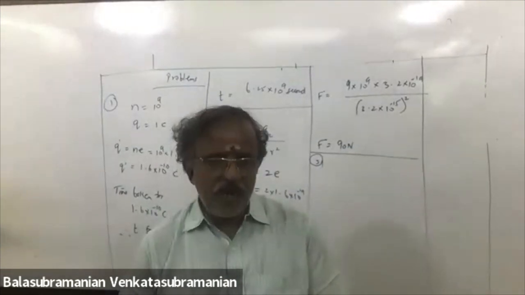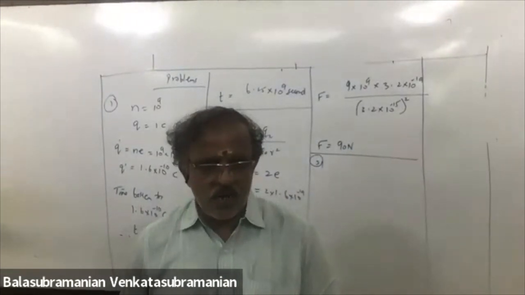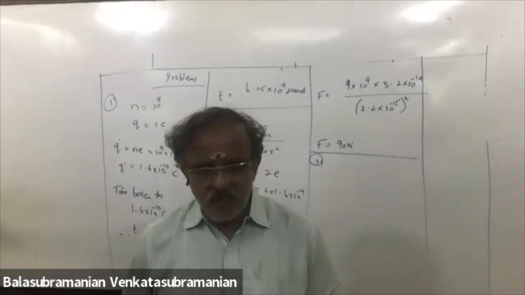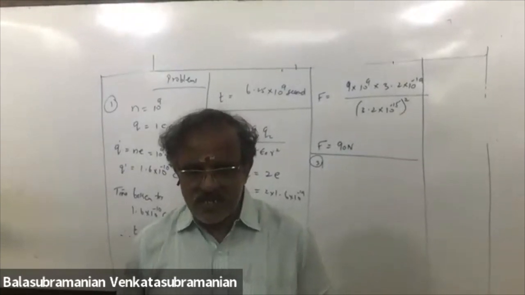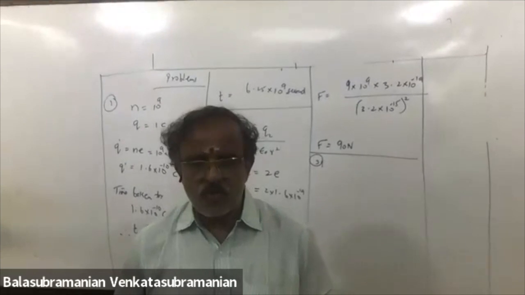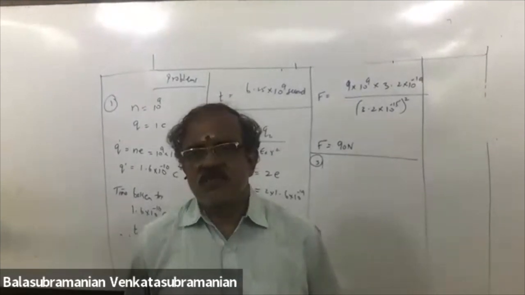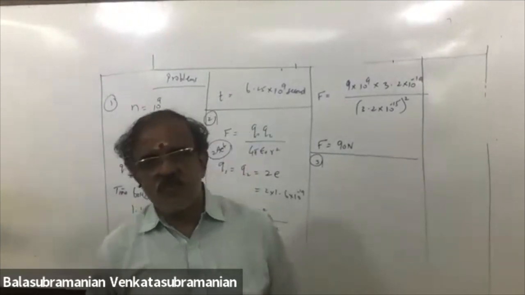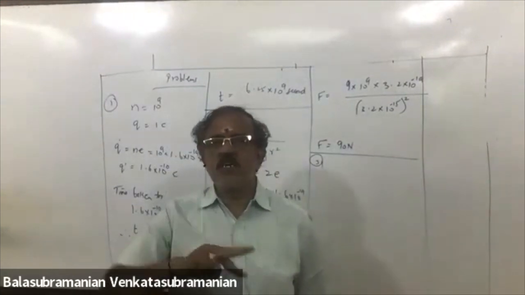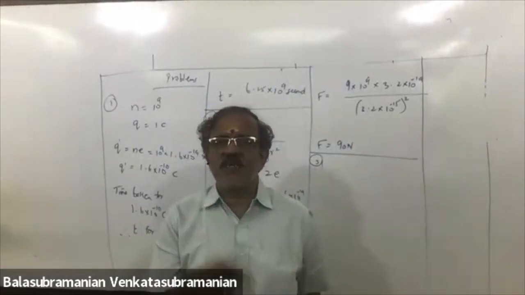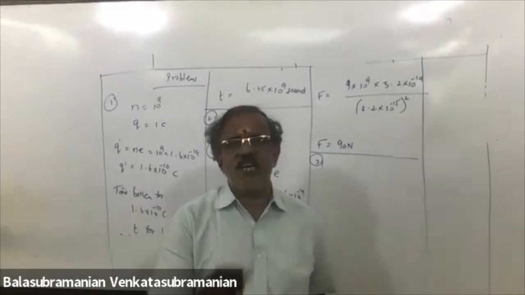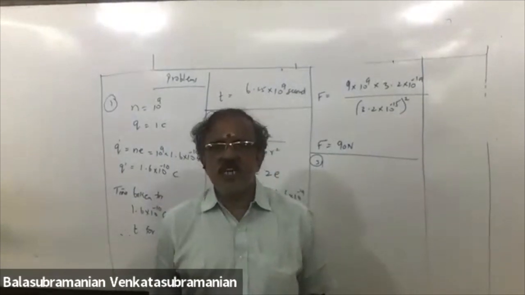How far apart shall two electrons be if the force each exerts on the other is equal to the weight of the electron? They have not given the force, but that force is equal to the weight of the electron. Weight of the electron means mass of the electron into gravity, mg.